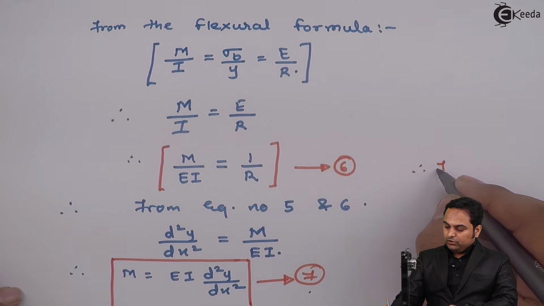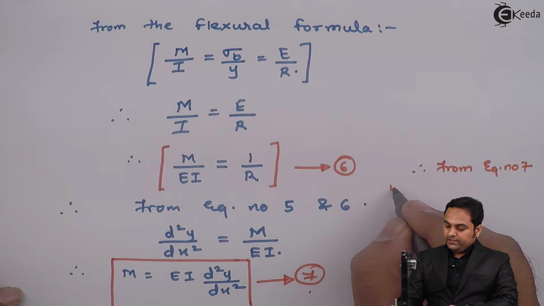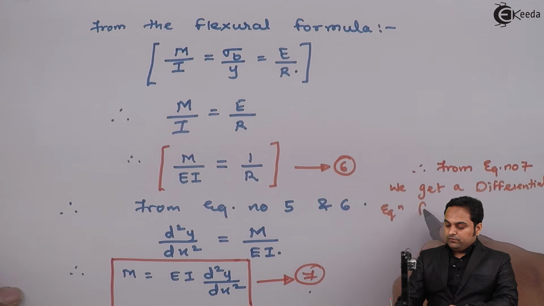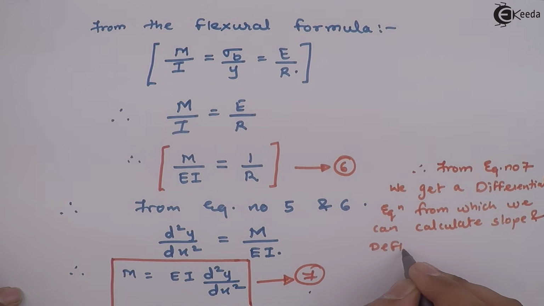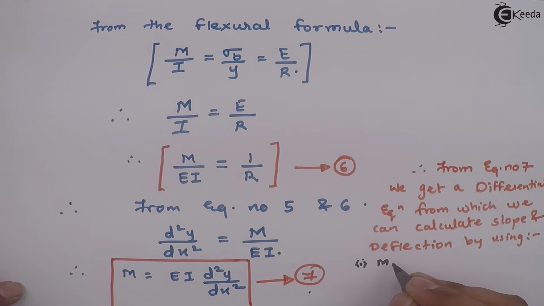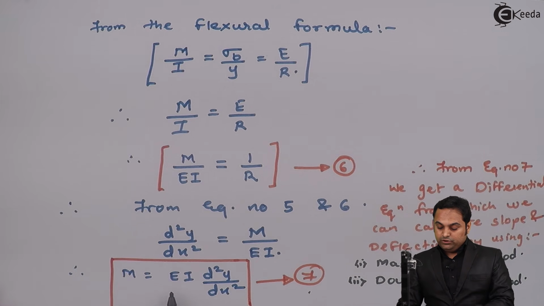Therefore from equation number 7 we get a differential equation from which we can calculate slope and deflection by using Macaulay's method or double integration method.